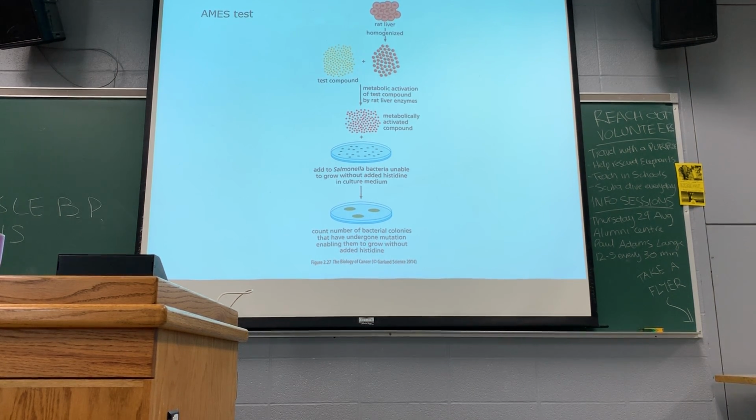Some percentage are going to have a reversion, and now they're going to be able to make histidine. Okay, and then you can just count the colonies. So it's a really, really simple assay. So I've explained this part of the assay.